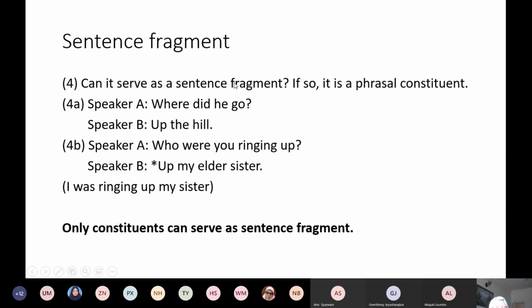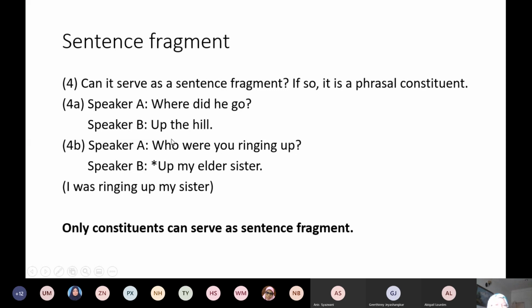Okay, another test is sentence fragment. So sentence fragment, it's a Q&A. It's someone giving a question, and then we answer that question with the constituent that we are testing, you know.